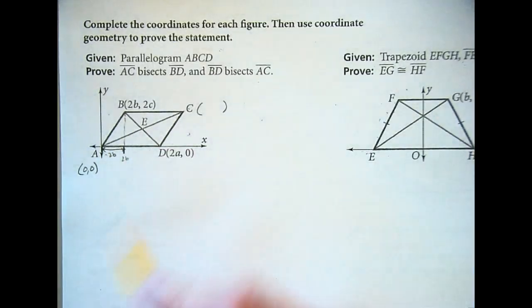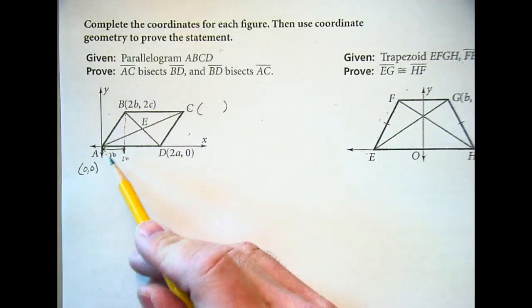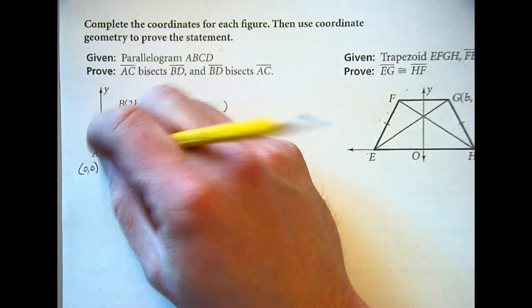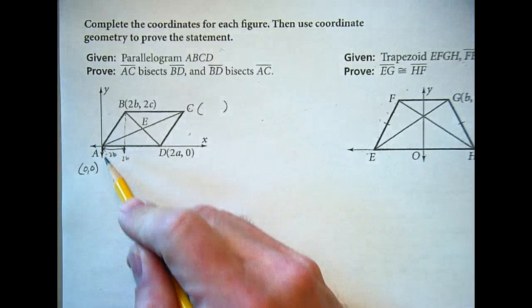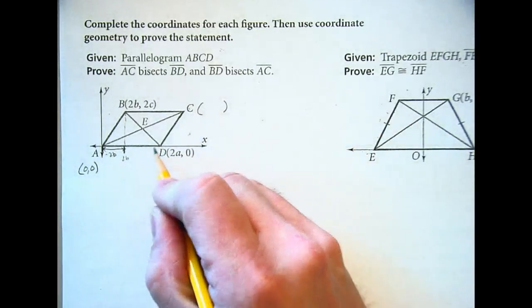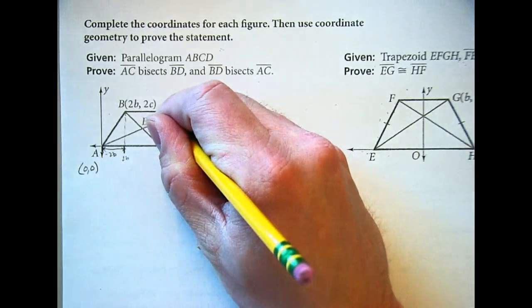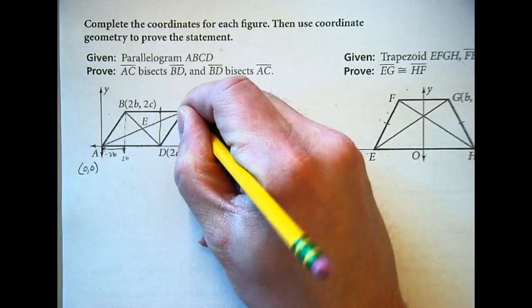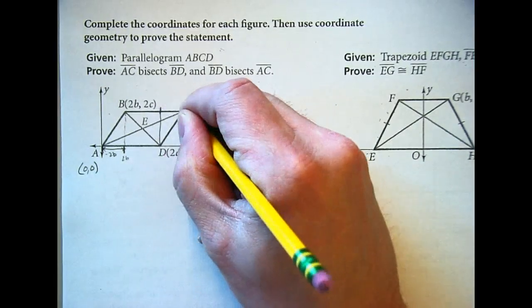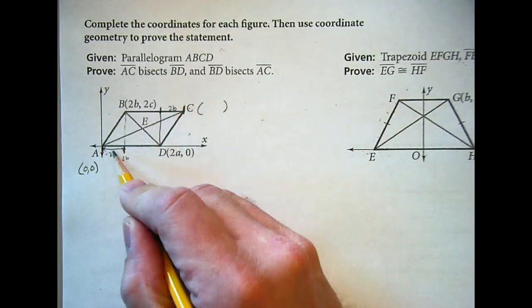I know that's weird because that's not a numeric value, but it means 2 times the length of b gives us that actual length. Okay, 2b, that's not a negative sign there. It looks like one. And then that means from here to here is a length of 2b.